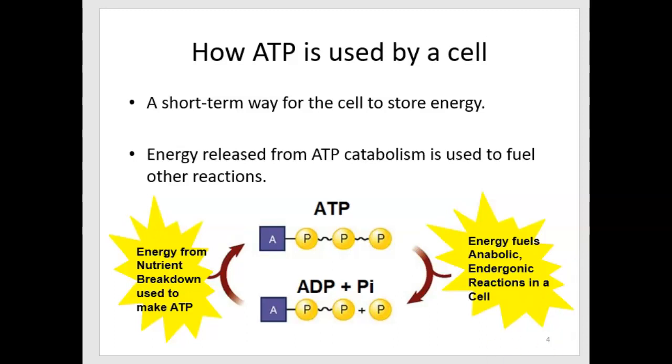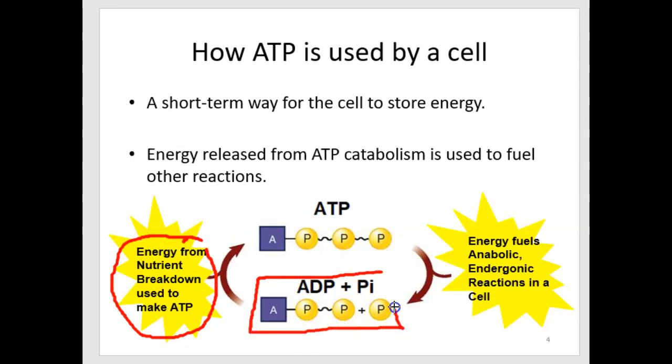So in this particular slide, we see that when a cell breaks down a nutrient, it has enzymes that do that. That energy will go to fuel the production of ATP. And that happens because ADP and inorganic phosphate will combine with the help of this energy to make ATP.